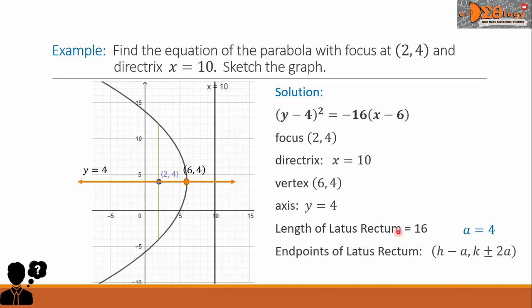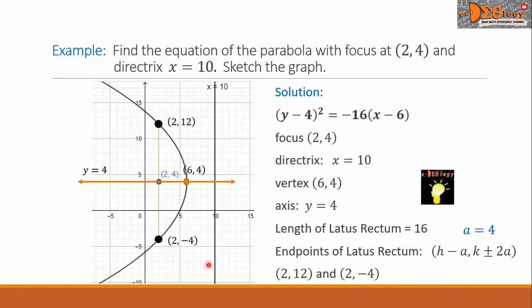A while ago, we solved for a, and that is equal to 4. It means to say the endpoints of latus rectum are (2, 12). This is the point. The other endpoint is (2, negative 4). This is that point. This is our final answer.